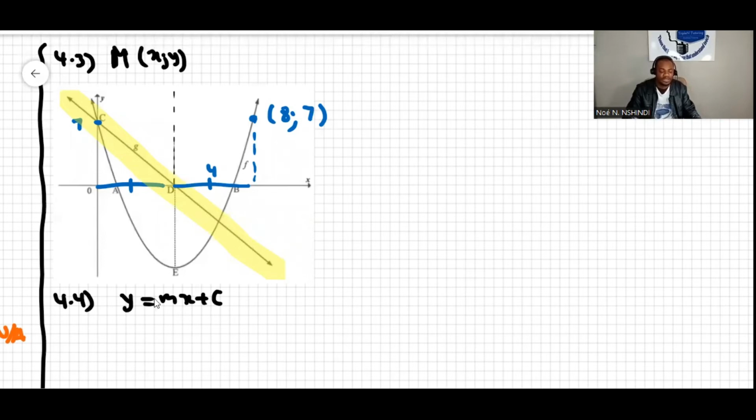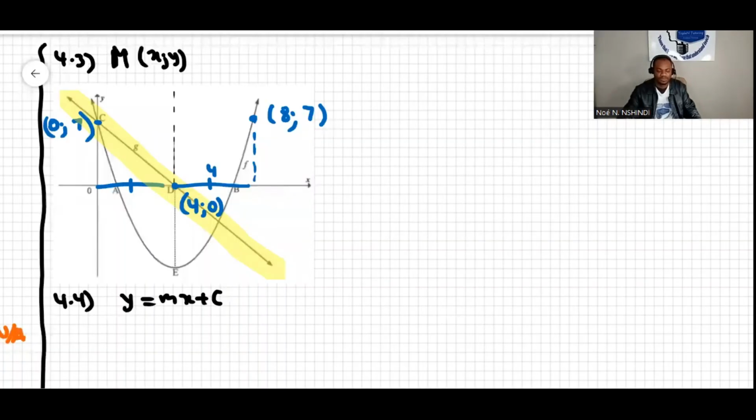Now, how can we get the gradient? We can use 2 points. We have the point c, which is (0, 7), and then we also have D here, which is the x-intercept. The x value is 4, and then the y value must be 0. So we can use the gradient formula.